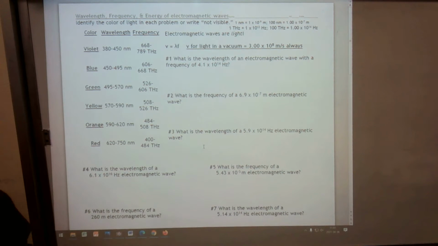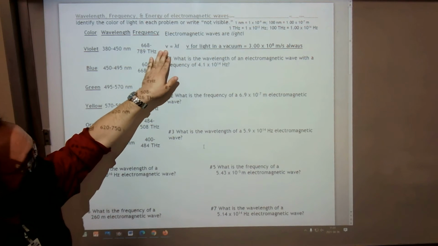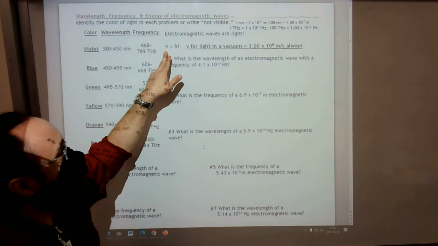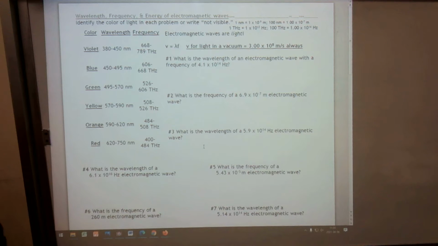So that makes it harder, but what makes it easier, so, you know, I'm not saying that the whole thing's harder because that's one part that makes it harder, but the other part that makes it easier, that may be offsetting, is this speed is always going to be the same on these problems. Now, the speed of light can slow down.